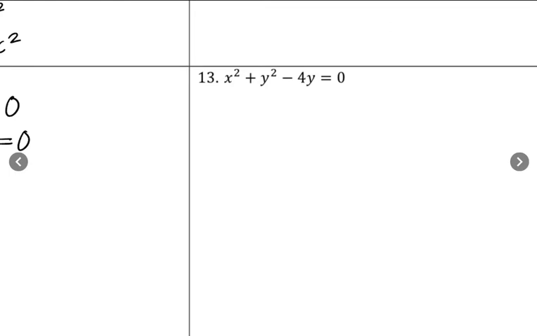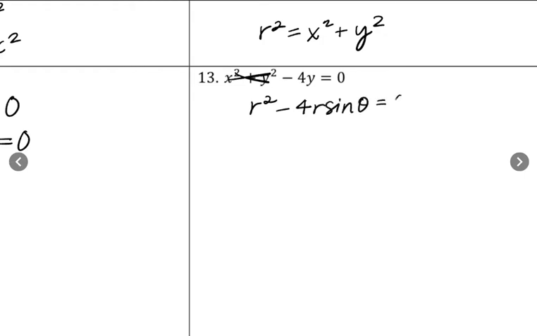13. r squared equals x squared plus y squared. Cool. So all this right here is just r squared. Keep going. You can substitute that y. And now my job is to isolate the r.